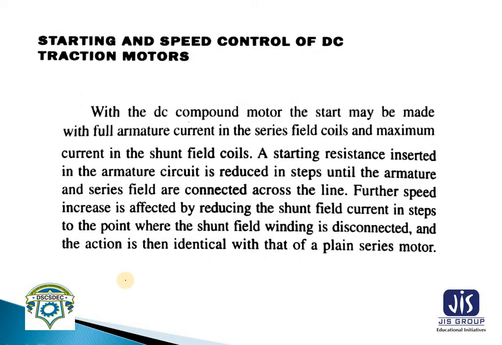With the DC compound motor, the start may be made with full armature current. That is another important part: for the compound motor, the start may be made with full armature current in the series field coils, and the maximum current in the shunt field coils.